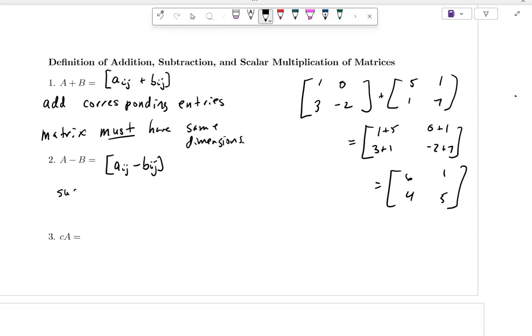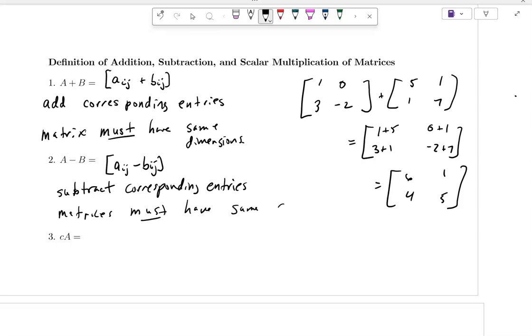This just says that you subtract the corresponding entries. Oops. I should say matrices. The matrices must have the same dimensions again.